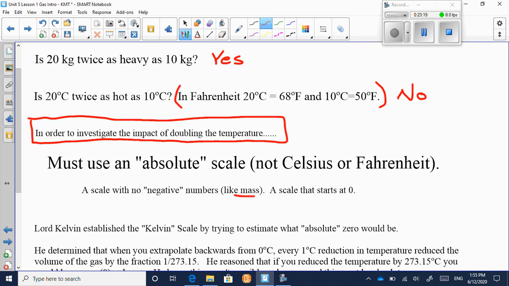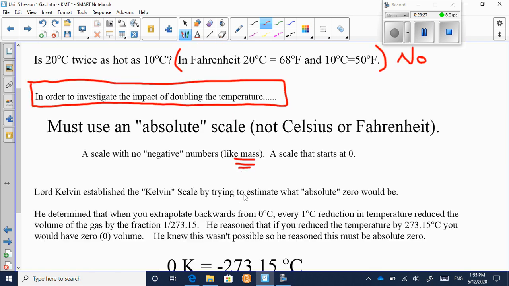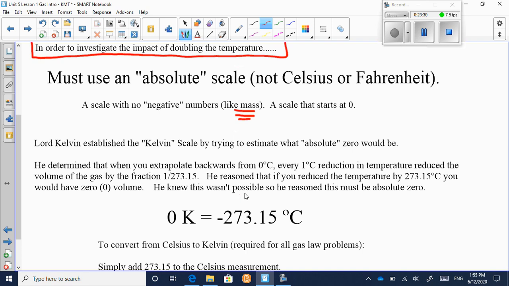We need a scale like mass, because you can't have a negative mass. Well, we need a scale that can't have negative temperature. And this was established by a famous scientist named Lord Kelvin. It's called the Kelvin scale.